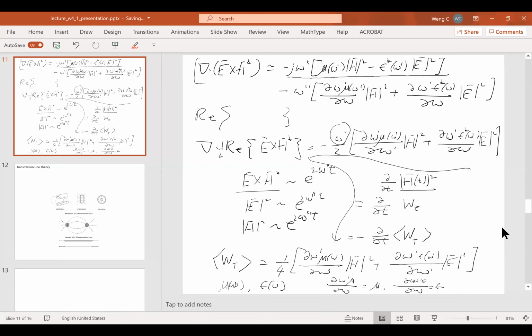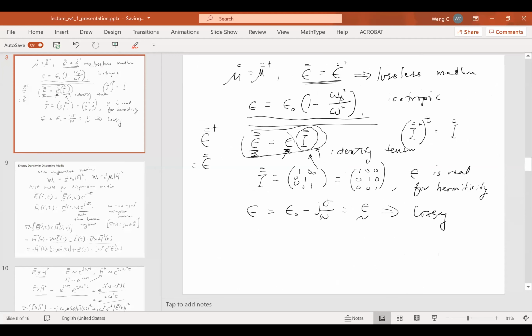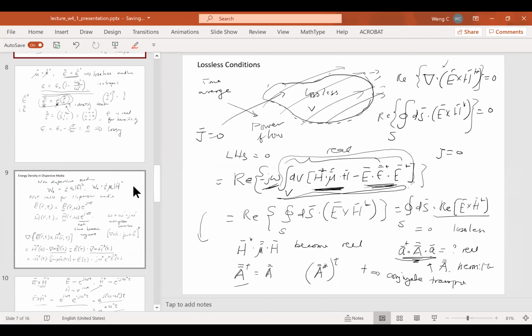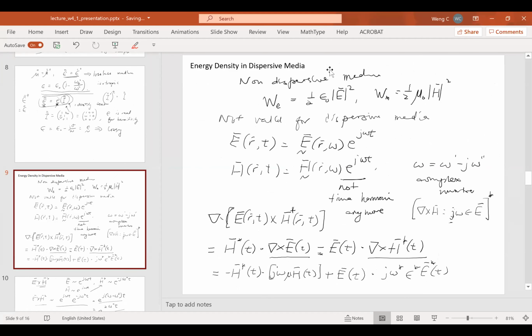Any questions? So what we have learned in this lecture is a way of writing down the energy storage for a dispersive medium. The lesson learned here is that the formula that you have learned previously does not hold true anymore, which is that formula you learn in an undergraduate course or freshman level physics course for energy storage in an electromagnetic medium.